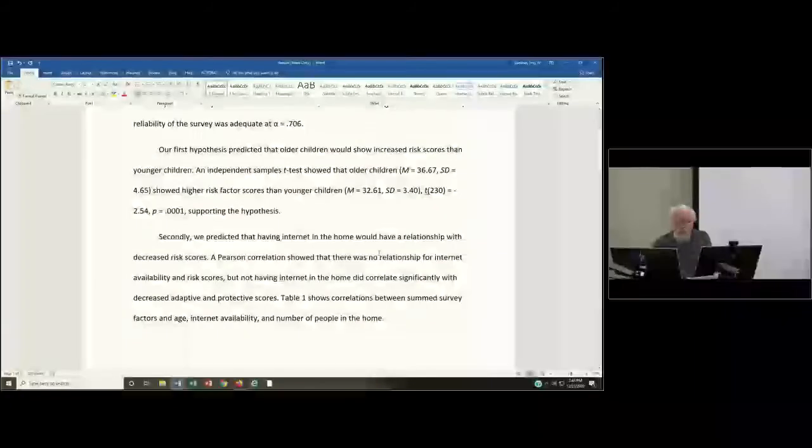But that's not important, right? We were testing a hypothesis. Would older children show increased risk scores than younger children on this survey during the COVID-19 pandemic? Okay, that was the first hypothesis that we were going to test.